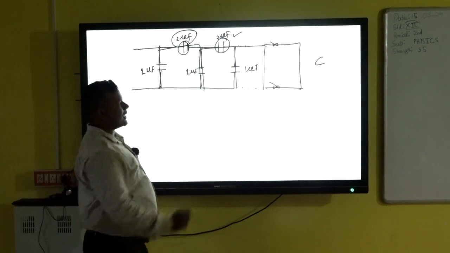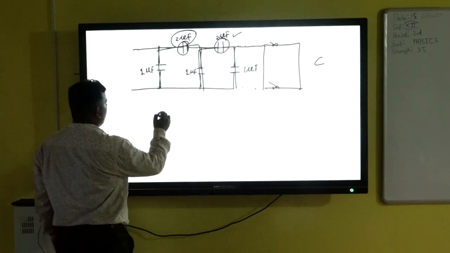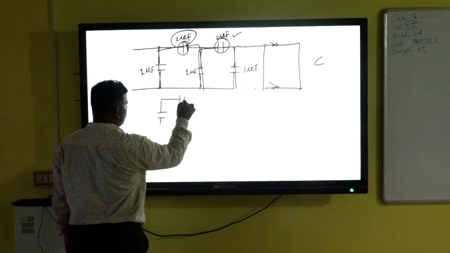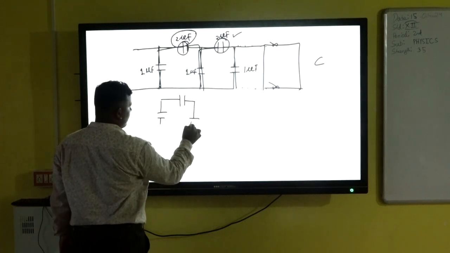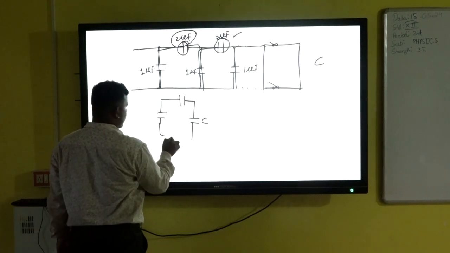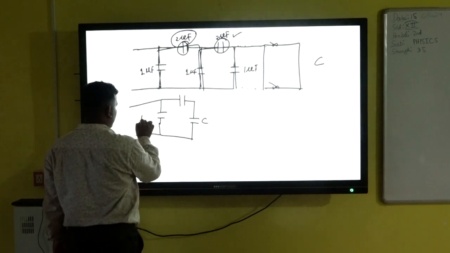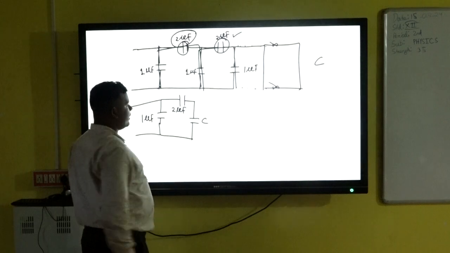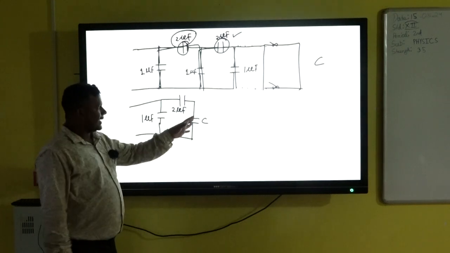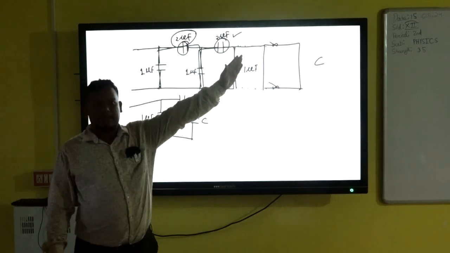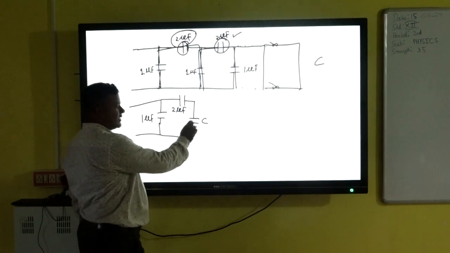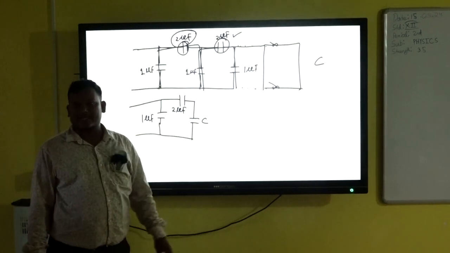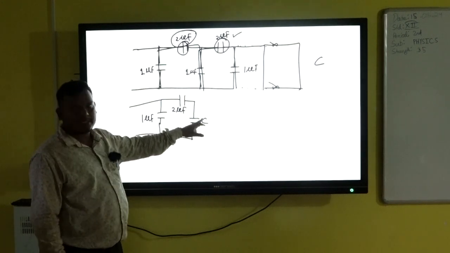So let the total capacitance be C, and I am skipping one capacitance here, and the total capacitance here is C. So this is the circuit. This is the 1 microfarad, and this is our 2 microfarad. Okay, and the total capacitance up to the infinite circuit will be how much? C. So now this 2 and C are in series.